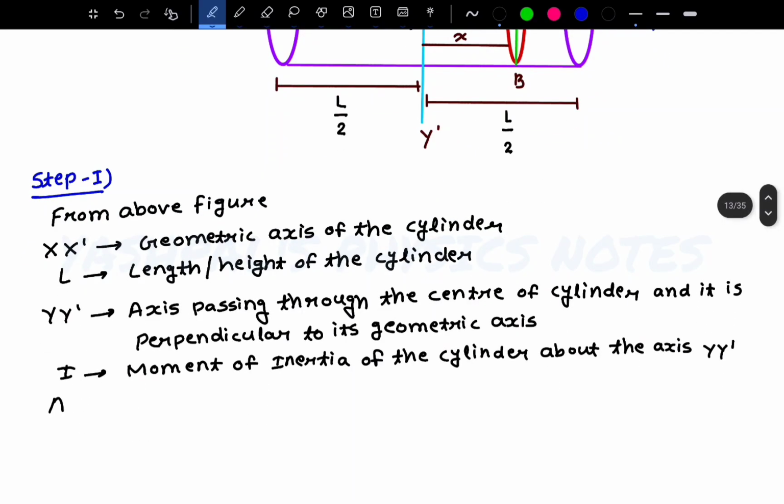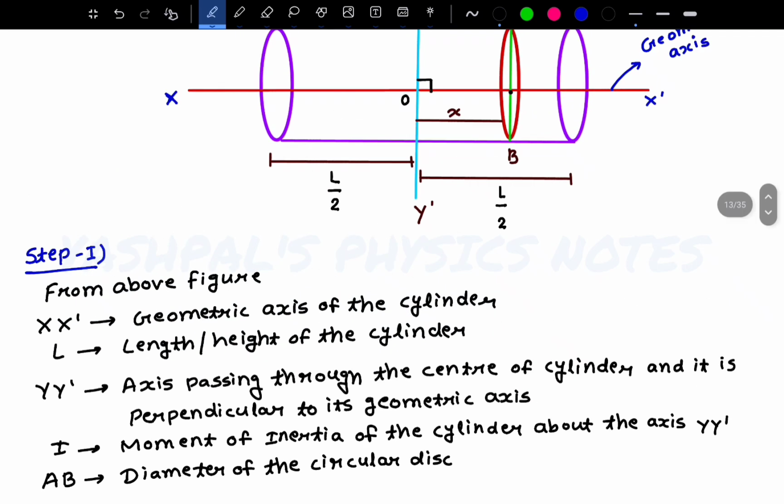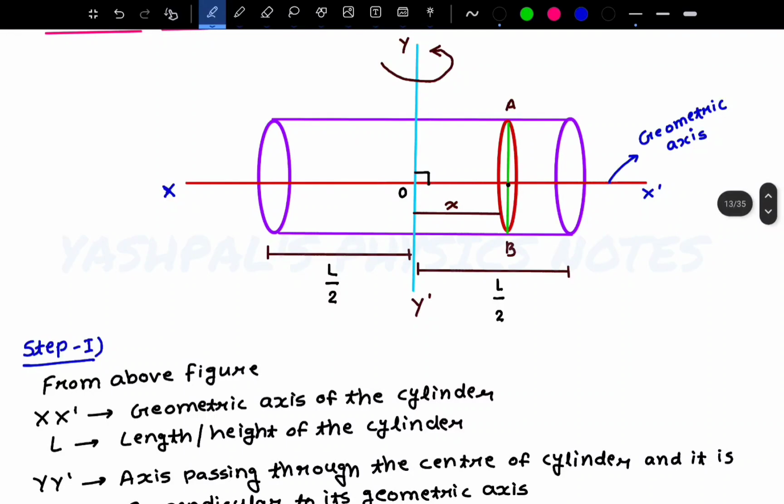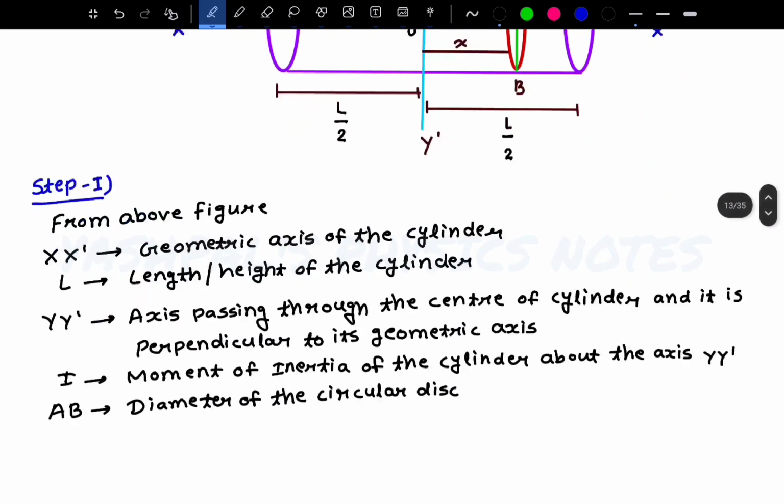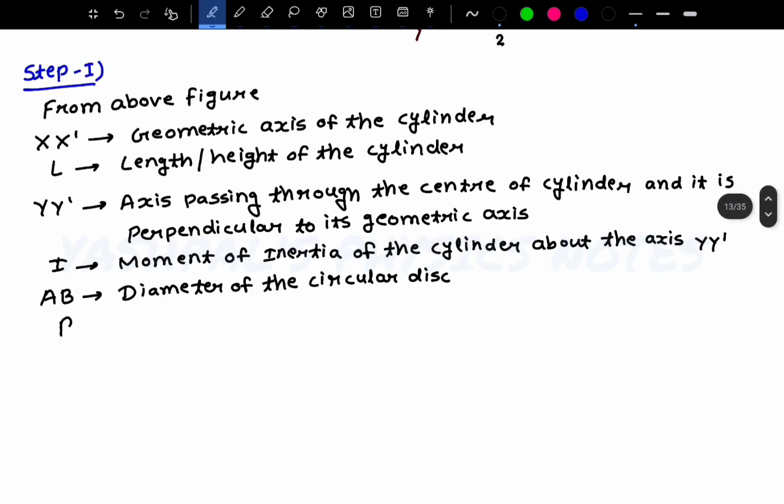Also let capital R be the radius of this circular disc.